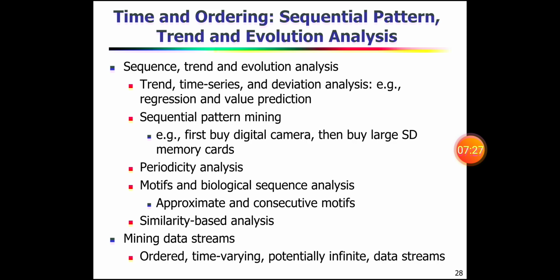The other one is mining data streams. Sometimes you will get an ordered data stream. The ordered data stream will be time varying. So at a particular time there will be some kind of data, and for example in the next half an hour you will get some other data, and in the next half an hour some other data.